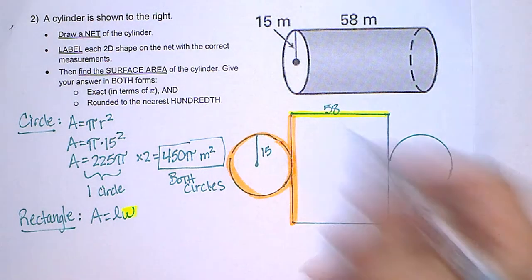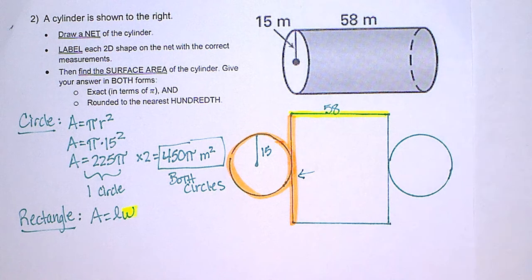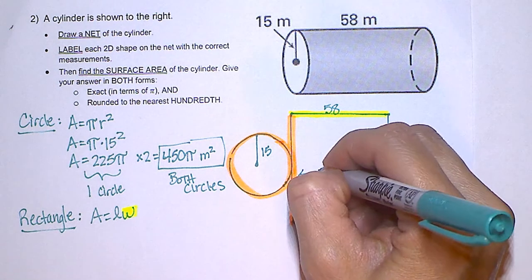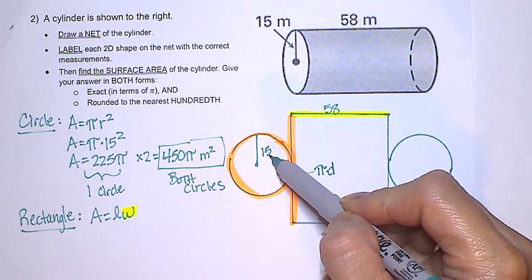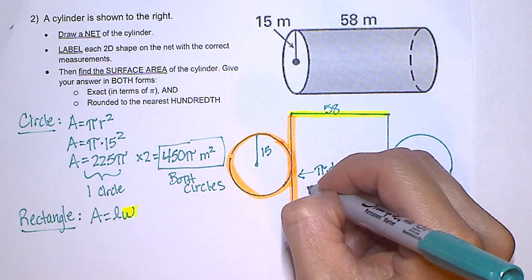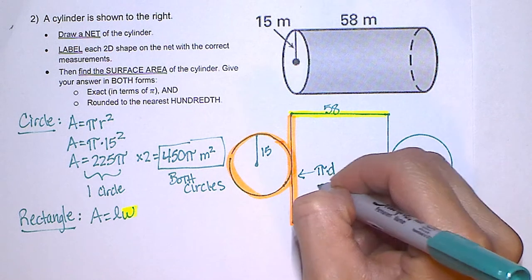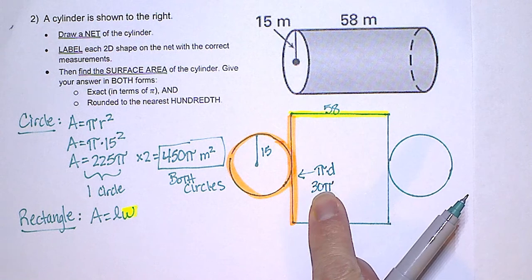So we can do that as pi times diameter. Now, the radius is 15, so the diameter is 30. So this length is 30 pi.